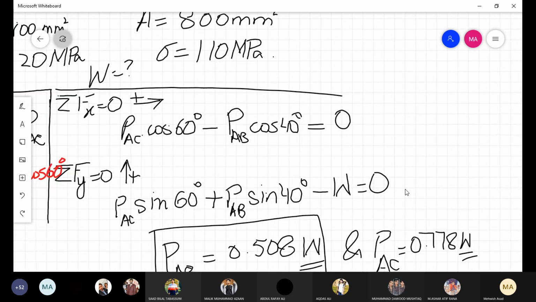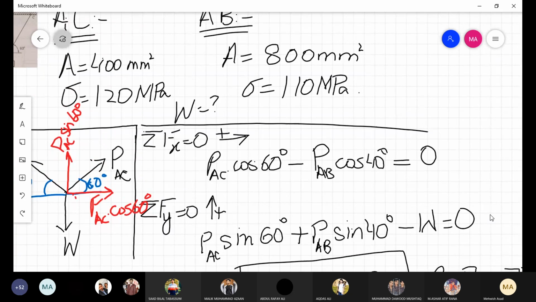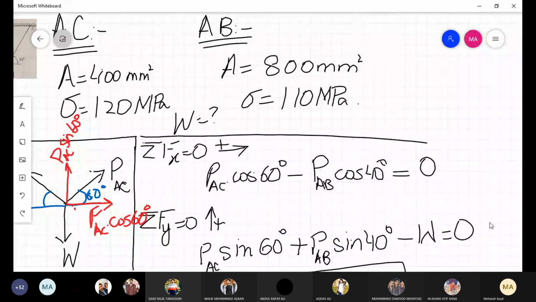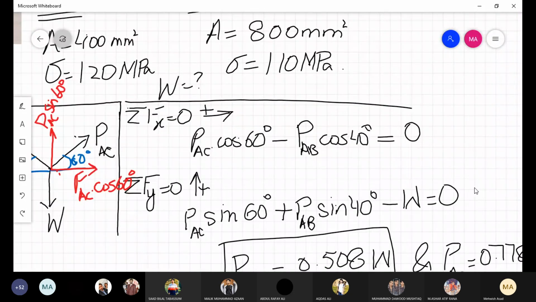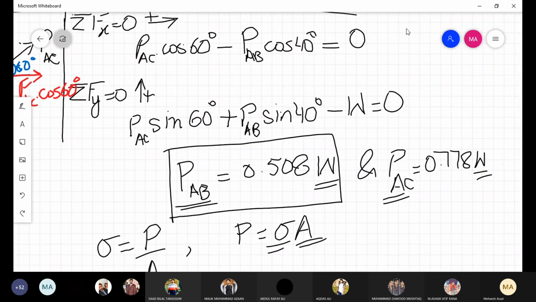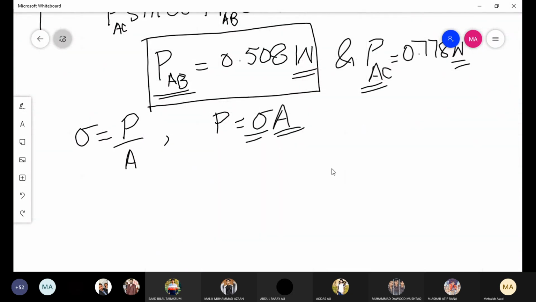हमें वैल्यूज क्या पता है? B segment की, this is 800 mm square area and 110 megapascal is the stress.